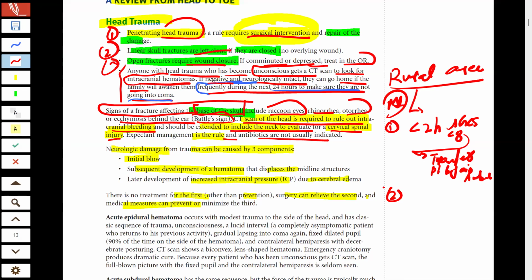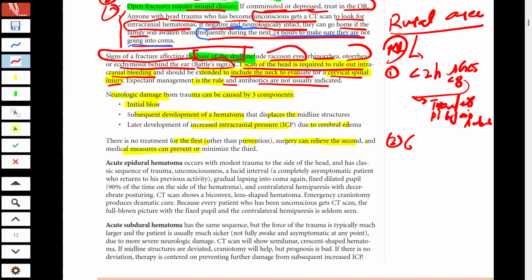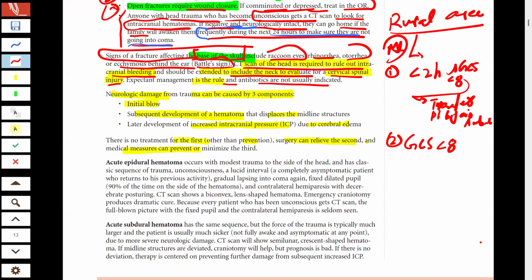In case of the second, if GCS is less than 8 and the travel time is greater than 2 hours, then what will you do?